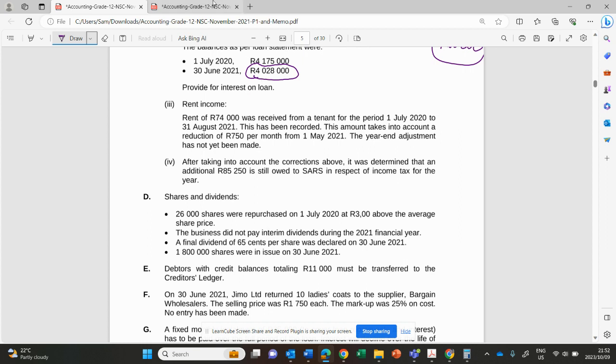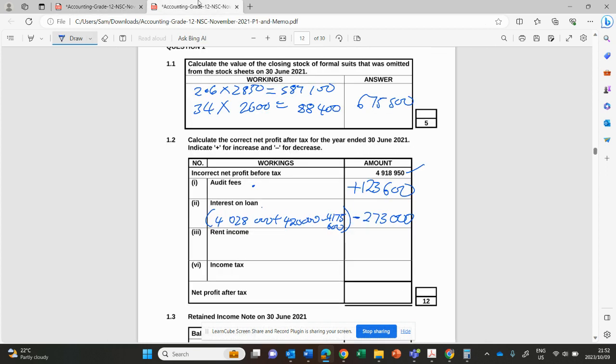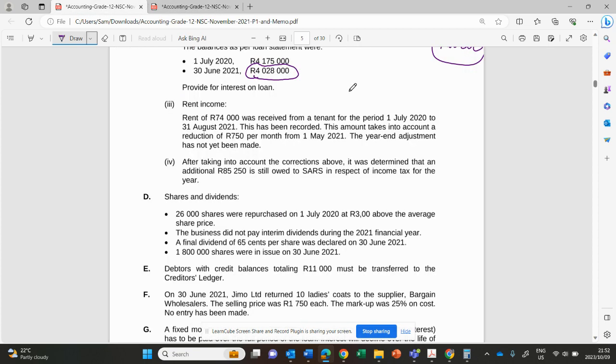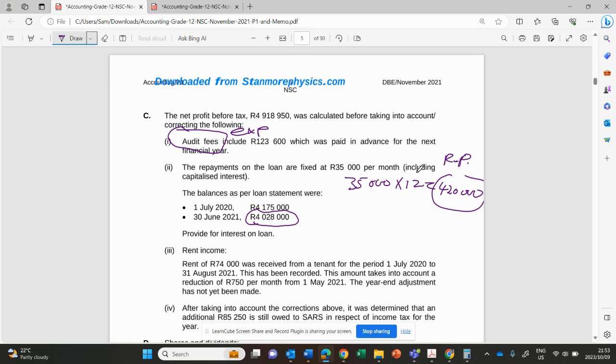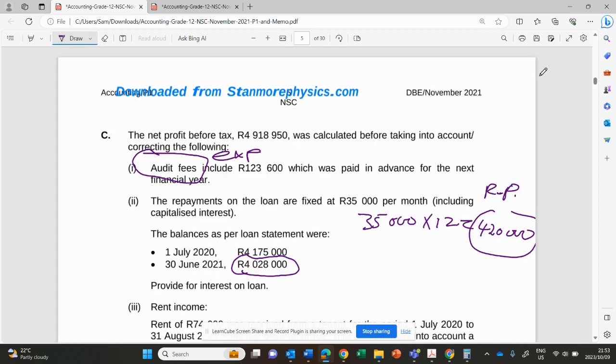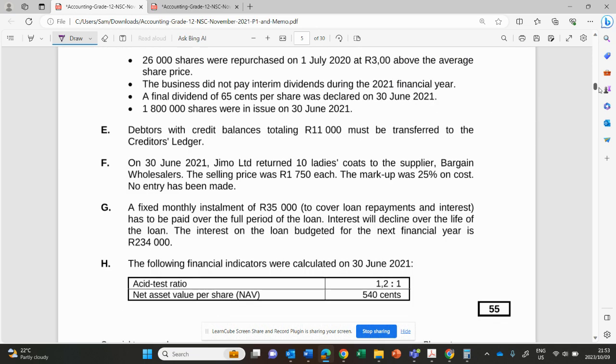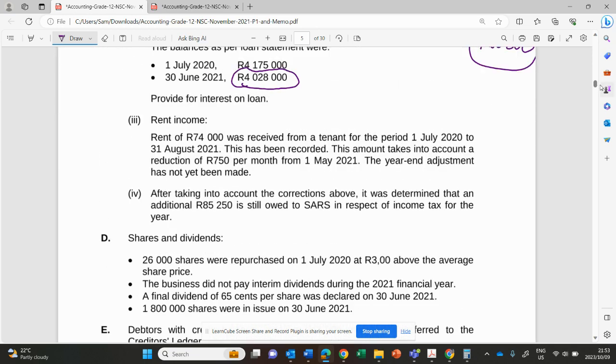What we have to do is write the timeline. How am I going to do this? I'm going to break this down with the timeline. Timeline is very much important.